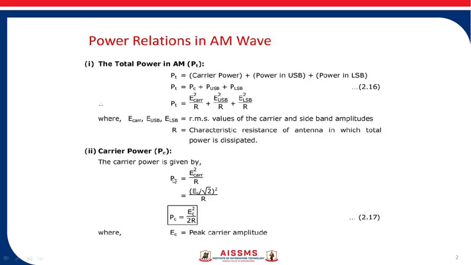Carrier power PC is equal to the carrier amplitude squared divided by R. The carrier amplitude is in the form of the RMS value, so it is (EC by root 2) square divided by R. Squaring this term, it becomes EC square divided by 2R, where EC is the peak carrier amplitude. So PC is equal to EC square divided by 2R, which is the carrier power.